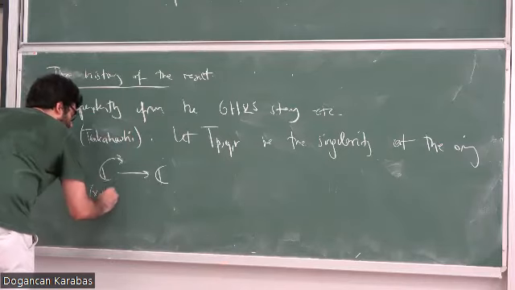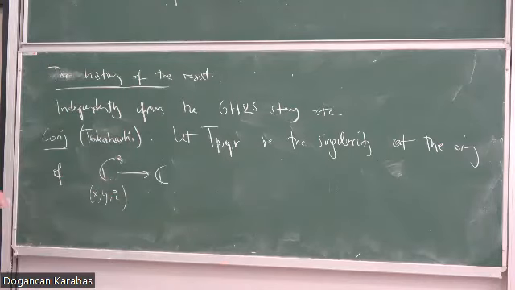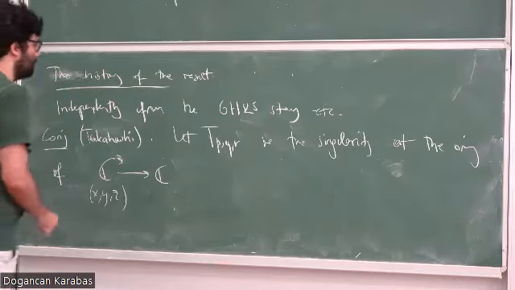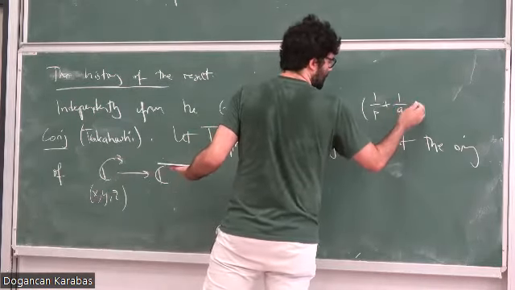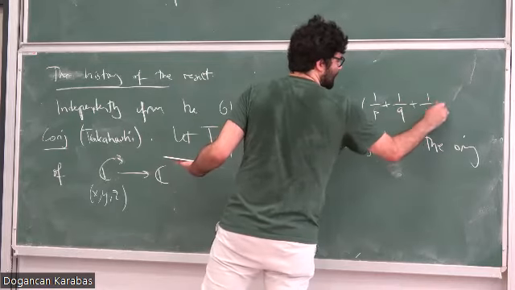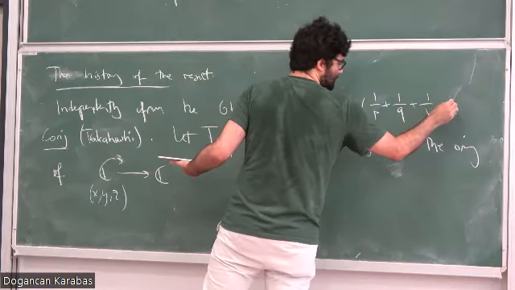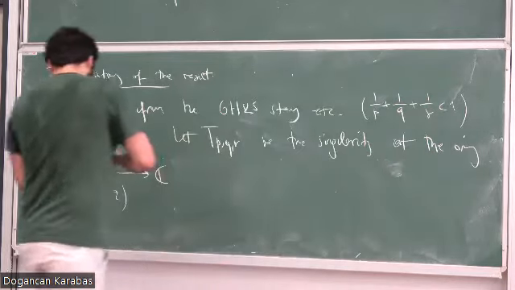They're bigger than 3 or 4. Or I think the sum of their inverses should be smaller than 1. Something like this. 1 is 1, right? Okay.